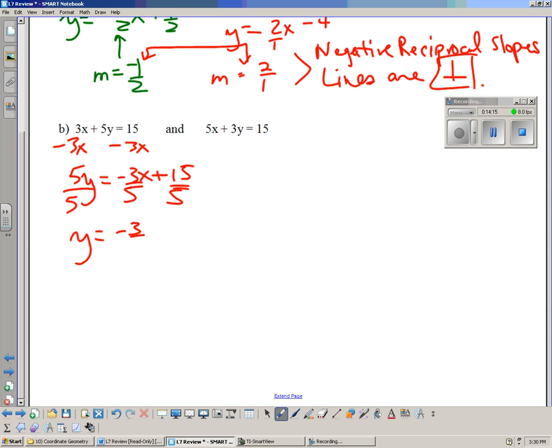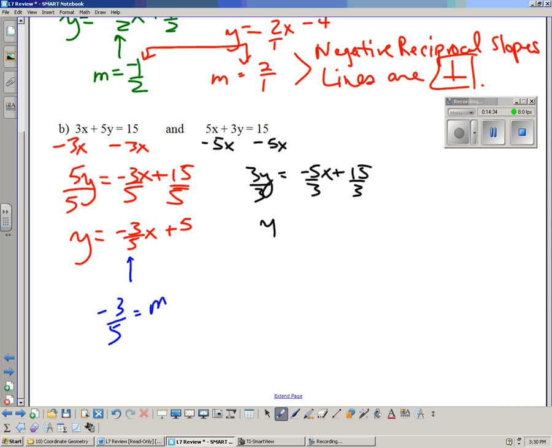So y is -3/5x plus 5. -3/5 is my slope. Keep that in the back of my mind. And now I'll go to the next one and solve for y again. So we get 3y is -5x plus 15 divided by 3. So y is -5/3x plus 5. My slope is -5/3.